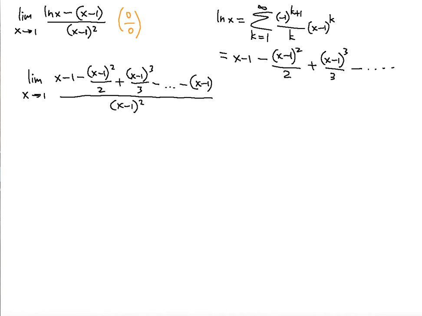So now let's see what will cancel out. The x minus 1 will cancel with this x minus 1, because you subtract the thing from itself, you get 0.